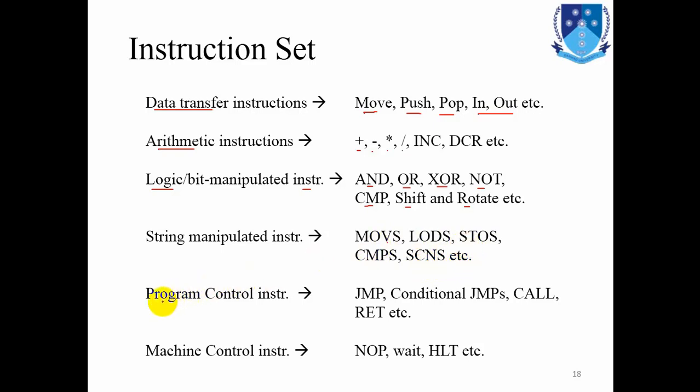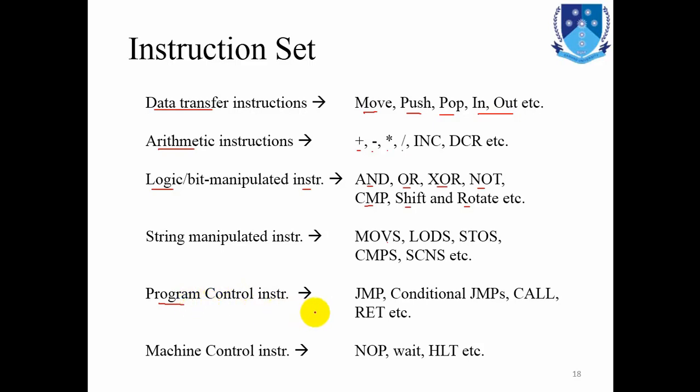The fifth group of the 8086 instruction set is the program control instructions. It means all those instructions which are used for controlling a program, or controlling the sequence of instructions, or the order of execution of the program.